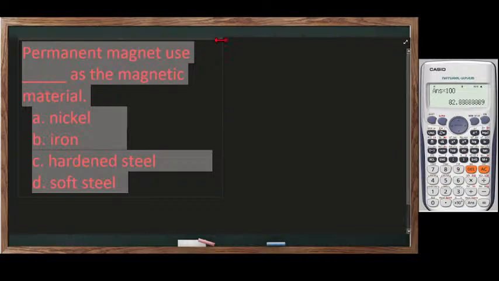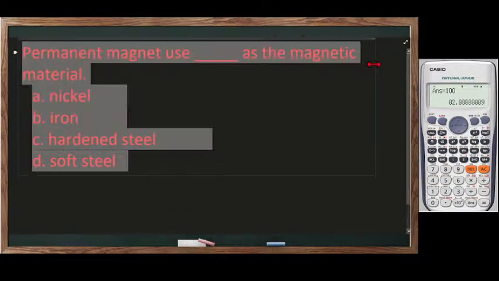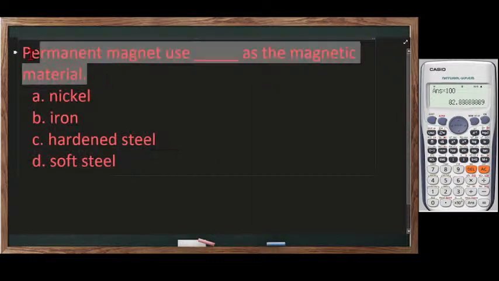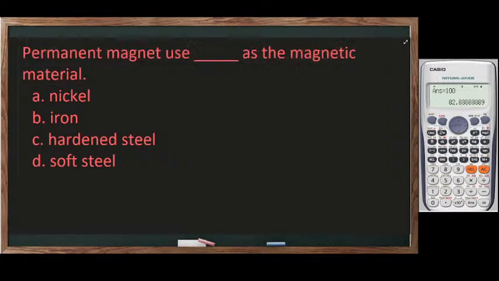Okay, so we have a permanent magnet use blank as the magnetic material. So ano yung ginagamit ng ating permanent magnet as the magnetic material, no?